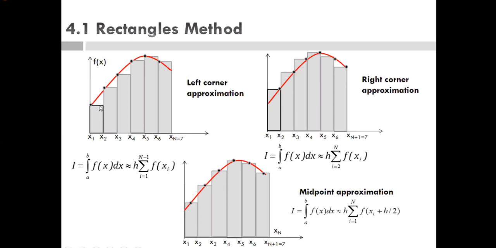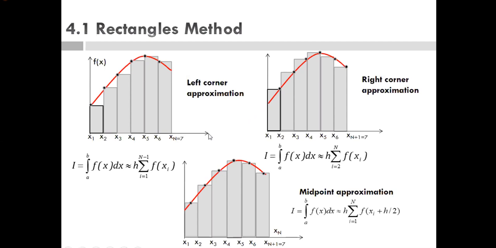The height of this first rectangle will be f of x1. The height of the second rectangle will be f of x2, then f of x3, f of x4, etc.